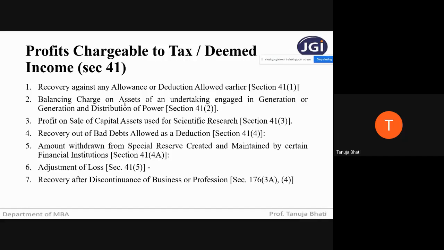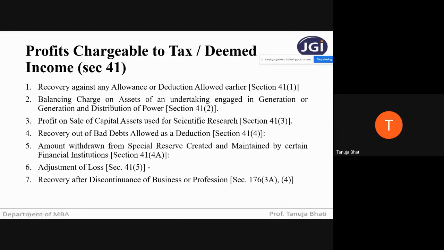If it is owned by the SSE, and if depreciation is claimed on that, and if it is used only for the purpose of business, and suppose that particular asset is sold, or maybe it is discarded, or demolished, or given in scrap, then whatever amount you are receiving on the sale of that asset, if that amount is exceeding the written down value, then such excess becomes your deemed income.